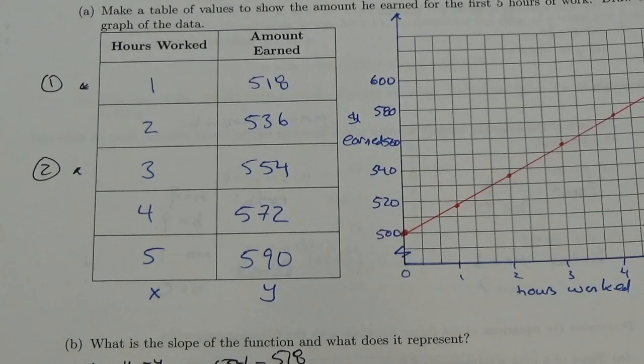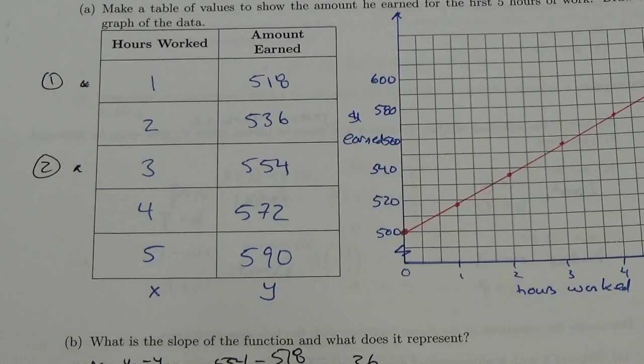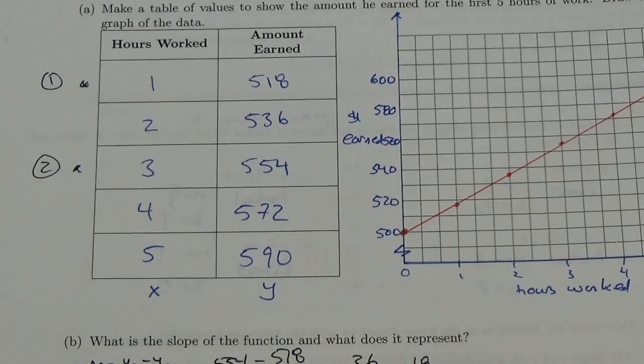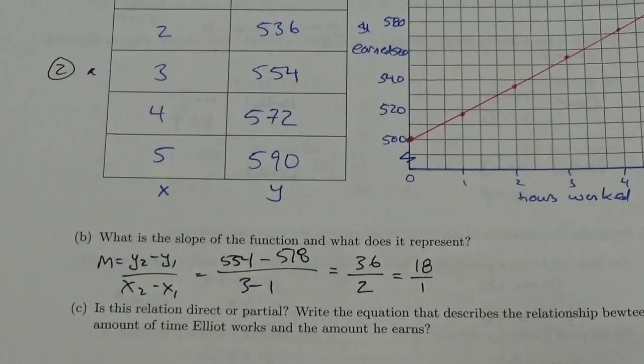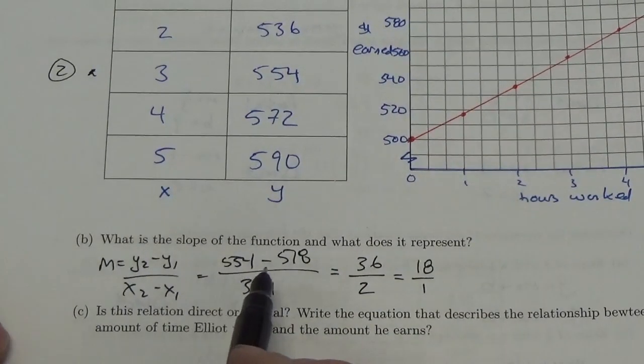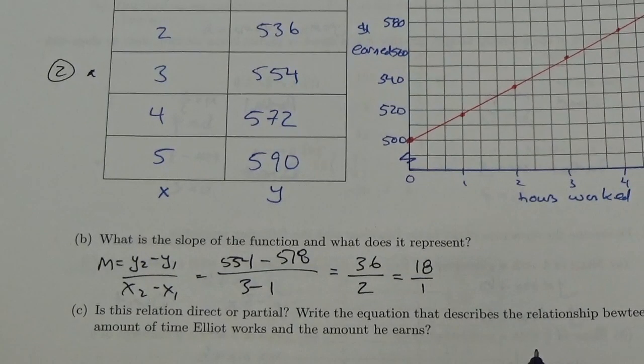Well, 554 minus 518 is going to be 36. 3 minus 1 is going to be 2. And then I can simplify that to get 18 over 1. Oh, I'm sorry, you can't see that. I was so focused on this, I wasn't paying attention. So, sorry, 554 minus 518 over 3 minus 1, so 36 over 2, 18 over 1.